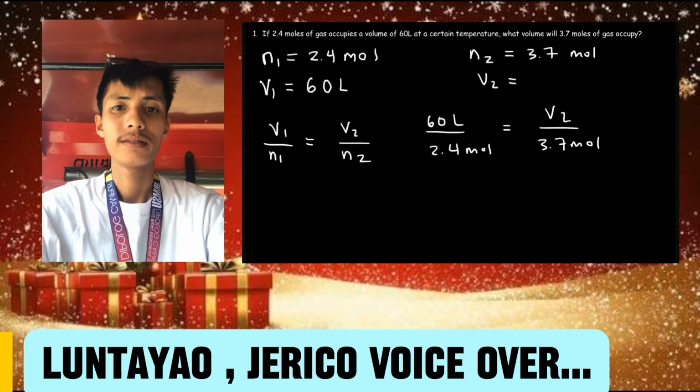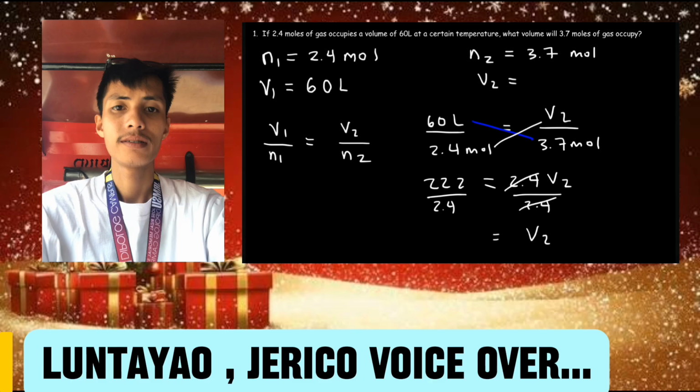So what we need to do is cross multiply. Let's multiply 60 by 3.7. That's going to be 222, and that's equal to 2.4 times V2. So now we have to divide both sides by 2.4.